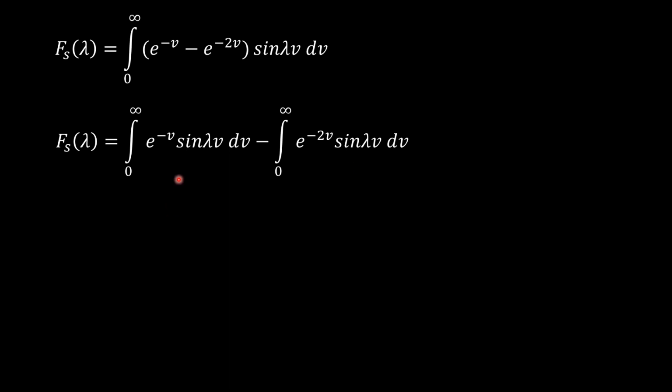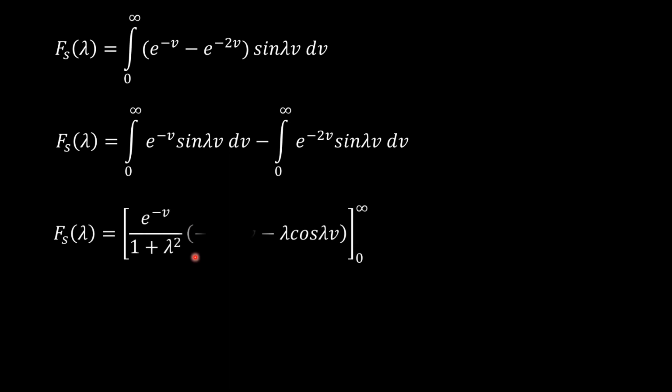So for the first integration, the integral will be e raised to minus v divided by (1 plus lambda square) into (minus sine lambda v minus lambda cos lambda v), with limits from 0 to infinity. So we have replaced a by minus 1 and b by lambda. Similarly, for the second integration also replace a by minus 2 and b by lambda.